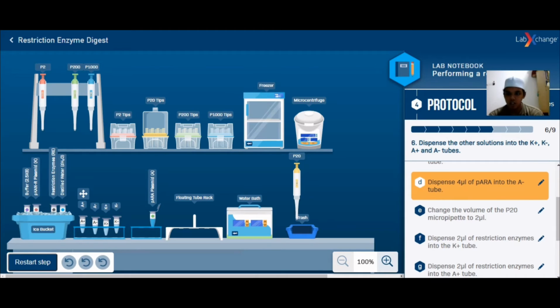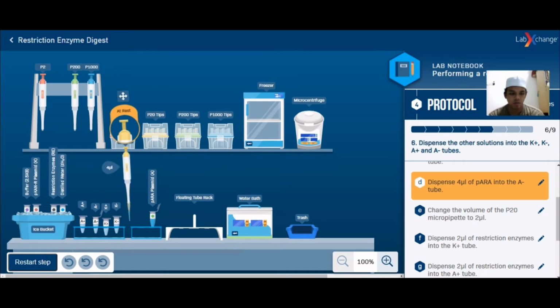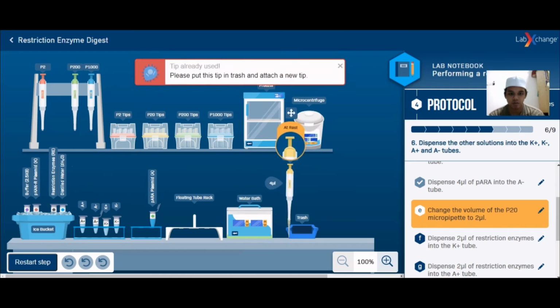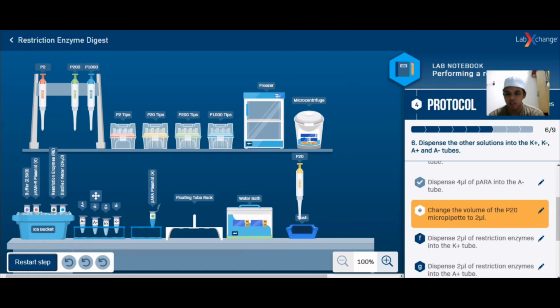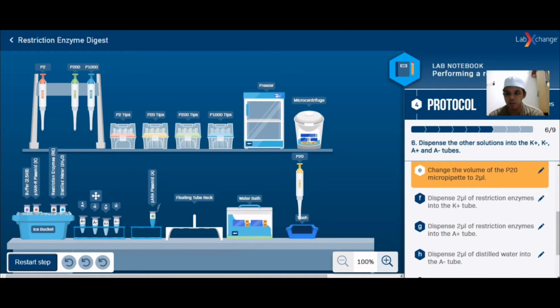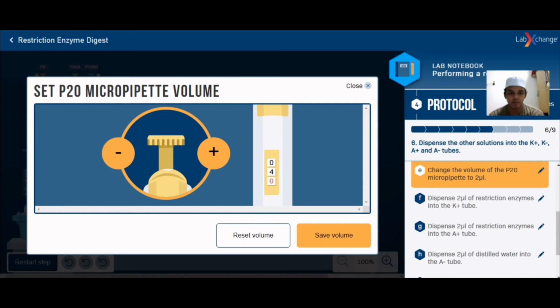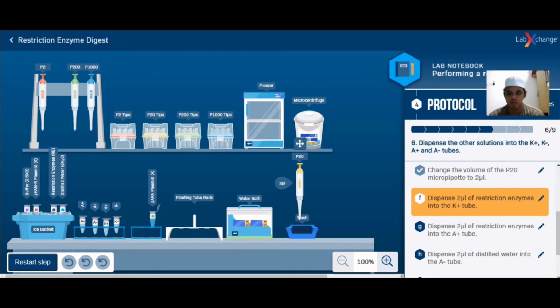Next step is dispense 4 µl of pARA into the A minus tube. And the next step is we need to change the volume of the P20 micropipette to 2 µl.